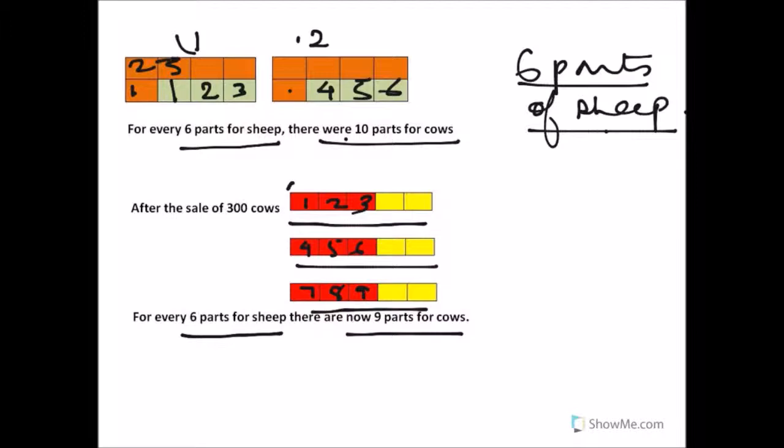After the sale of 300 cows, there are 6 parts of sheep and 9 parts of cows.